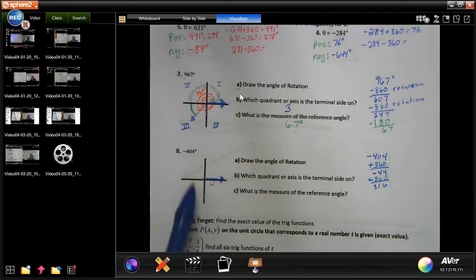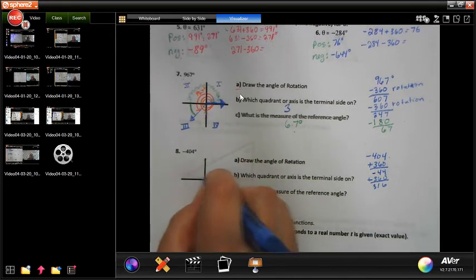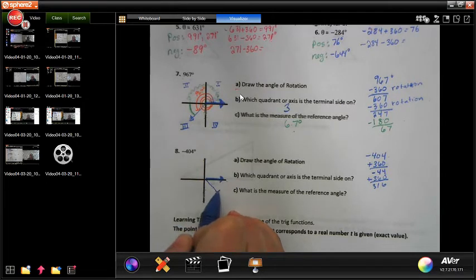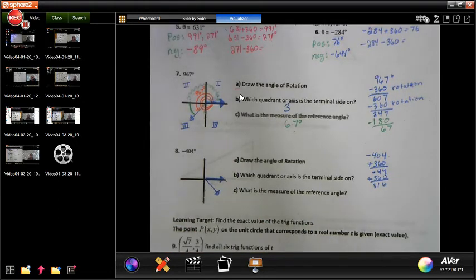So I know 316, well, this is 270. This is 360, so 316 would be between 270 and 360. So it's going to be in here somewhere. Okay, so that's my terminal side.